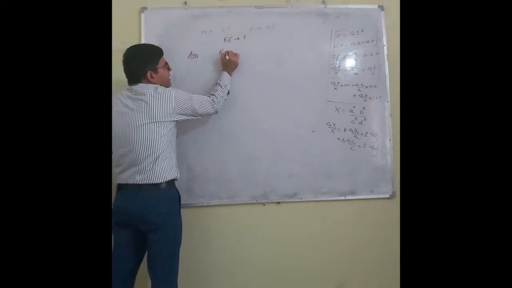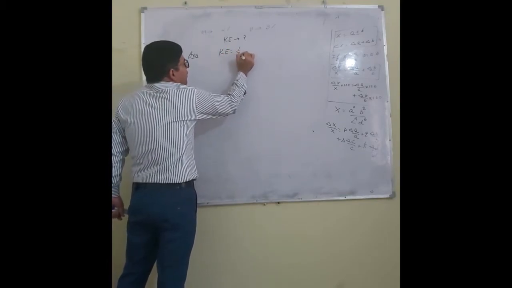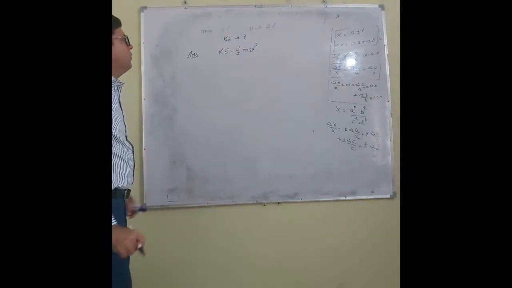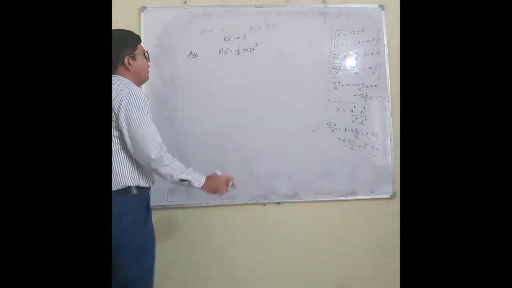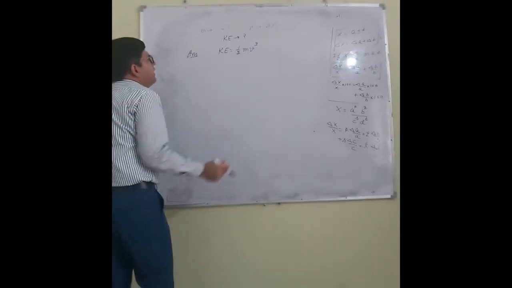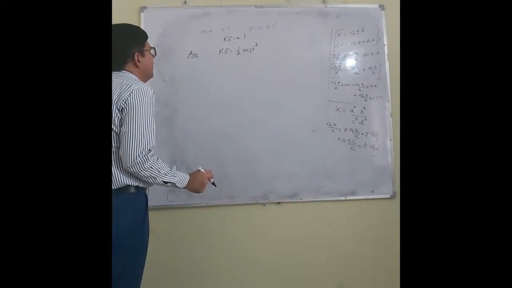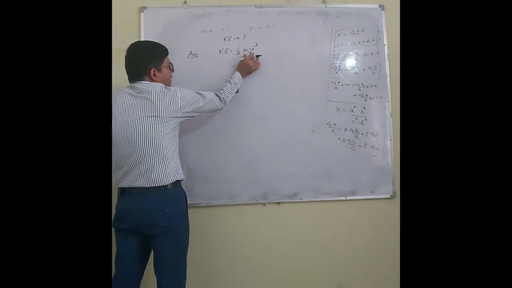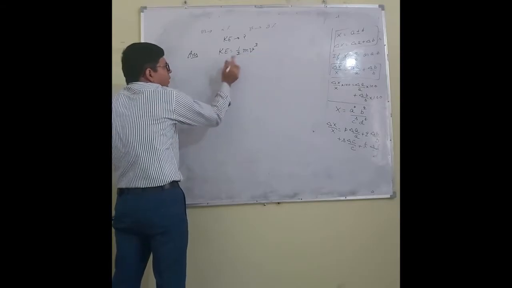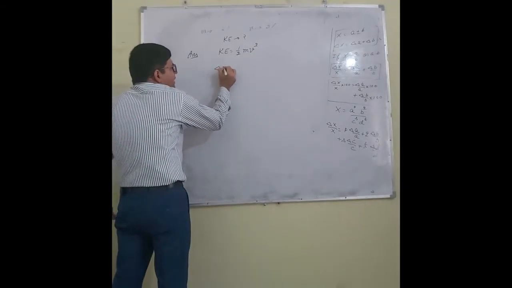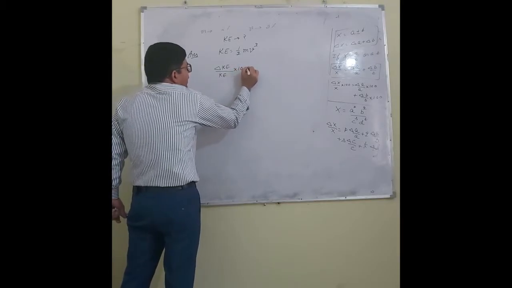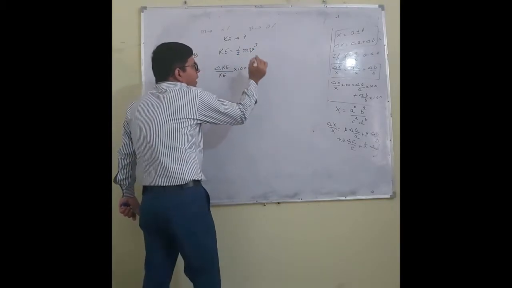Listen, kinetic energy equals 1/2 mv square. So what is the percentage error in measurement of kinetic energy? Very simple. Here again we have an expression of multiplication. So the percentage error in kinetic energy is relative error multiplied by 100, half, no error in half.